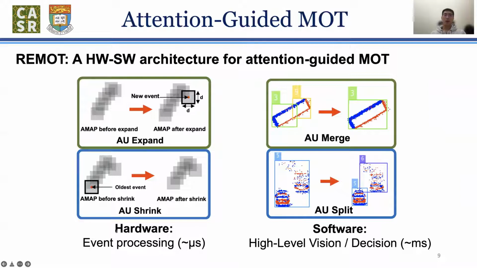On the hardware side, we process each event at the microsecond level by doing the expand and shrink of the attention map. While on the software side, we run a high-level vision decision algorithm that may decide to merge two AUs into one AU if they are checking the same objects, or split one AU into several AUs for them to check different objects.